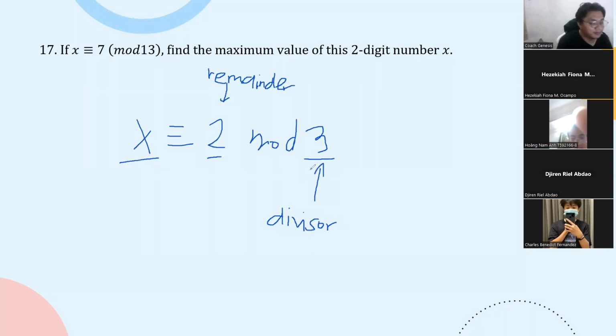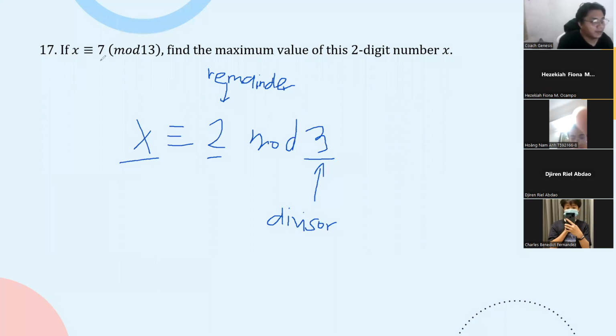As you can see, there's actually no quotient, right? However, we can express the remainder as any value that will be congruent to this expression.